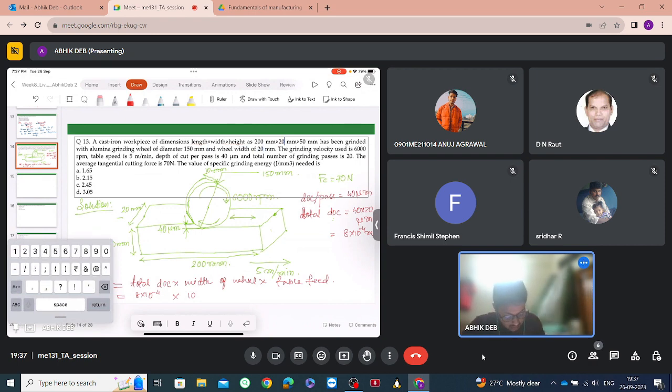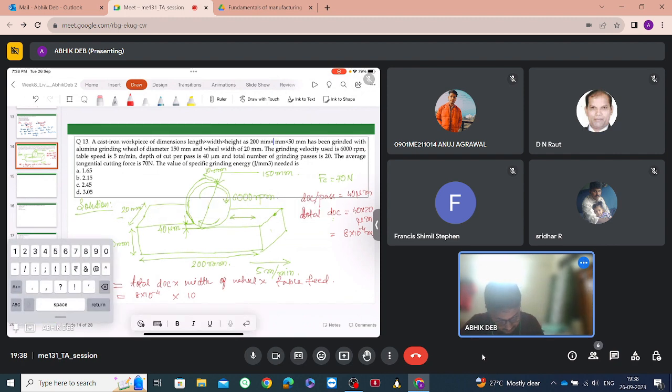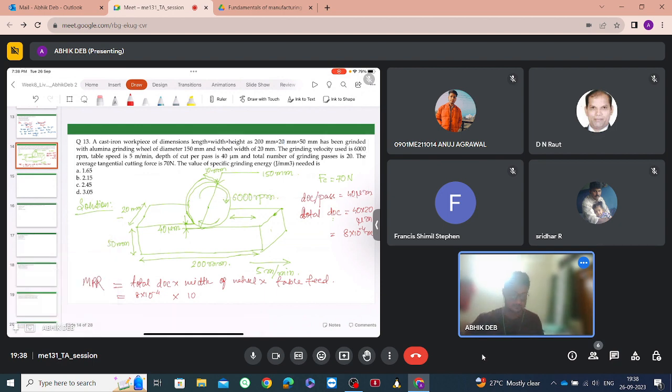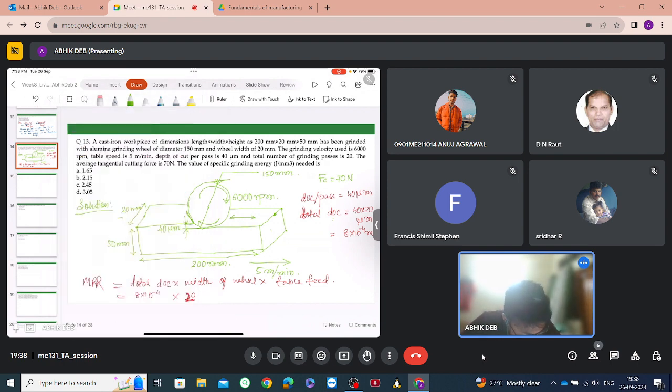This dimension will be 40. Or wait, sorry, this dimension will also be 20. So the wheel width is 20. So there will essentially be only one pass. There is no chance of two passes. So this is 20.